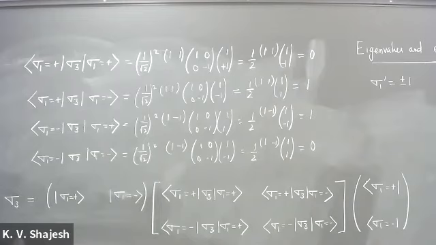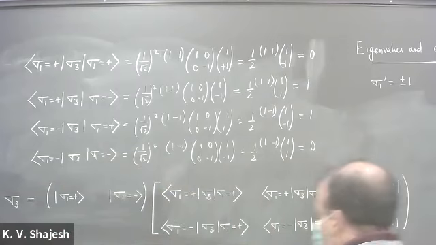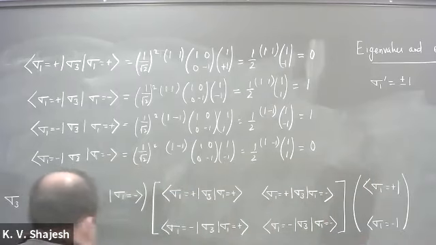Now, since I mixed up the bases, I said I'm going to find the sigma 3, which is usually written in the eigenbasis of sigma 3 itself. I'm writing it in the eigenbasis of sigma 1. Okay, so it looks like this.